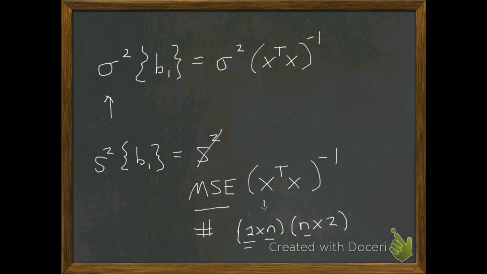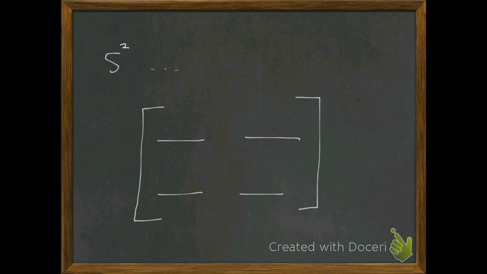So ultimately, guys, what I'm trying to make here is we're going to end up with a 2 by 2 matrix. So the standard error here is going to end up with a 2 by 2 matrix.